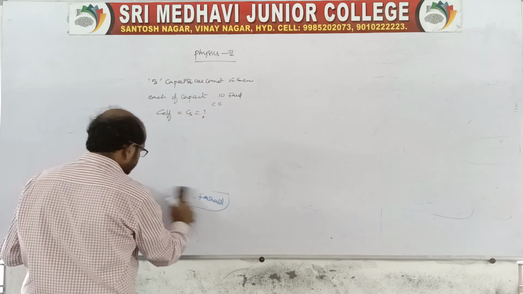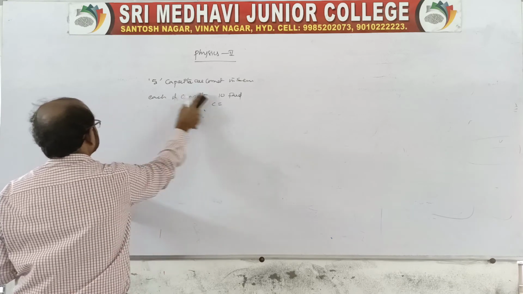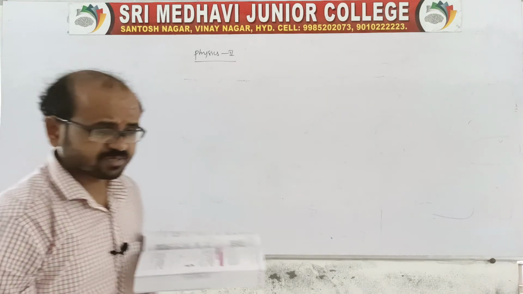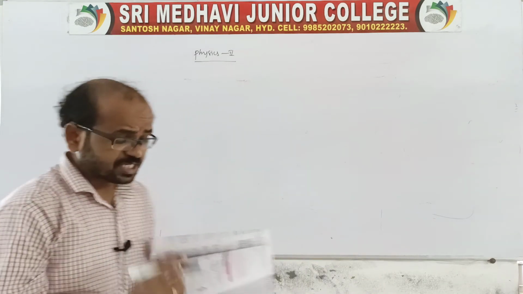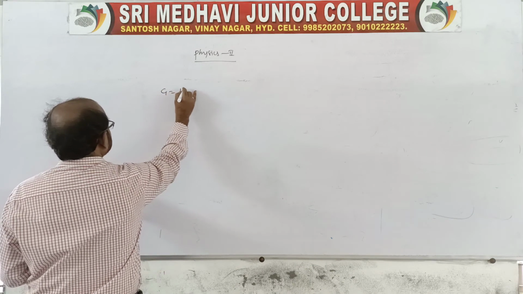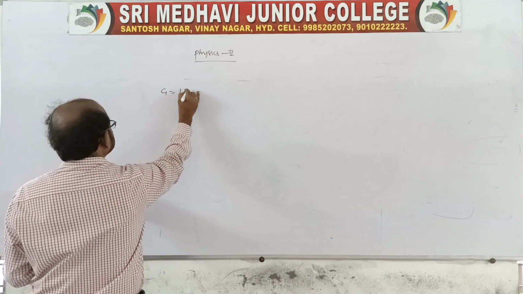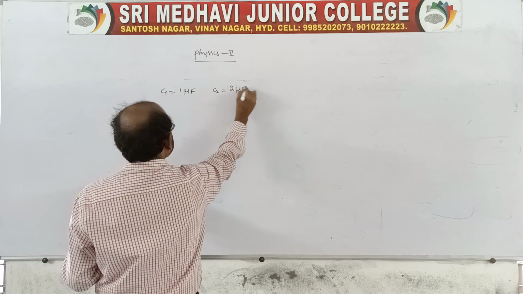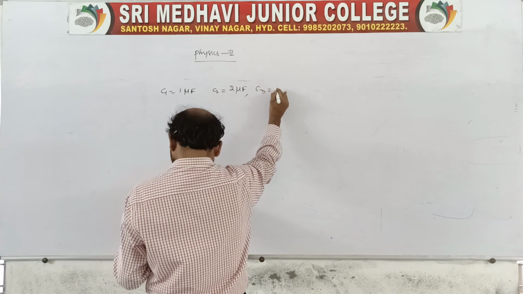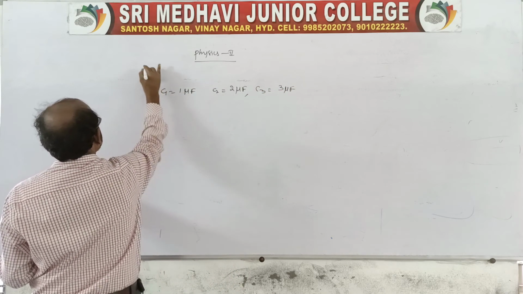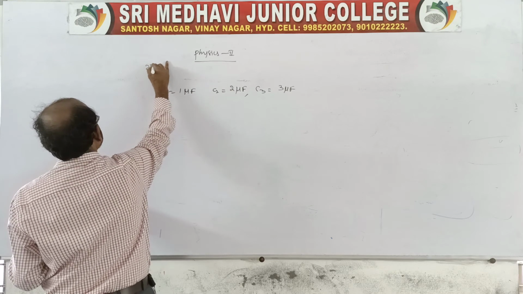Here the individual capacitances are given. You write C1 is equal to 1 microfarad, C2 is equal to 2 microfarad, C3 is equal to 3 microfarad. This is question number 6. It is a very short answer question, very important, VSAQ.